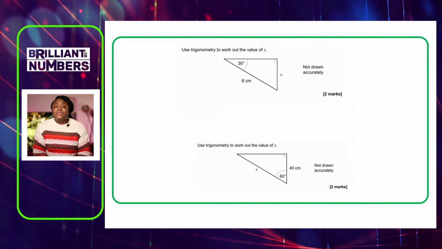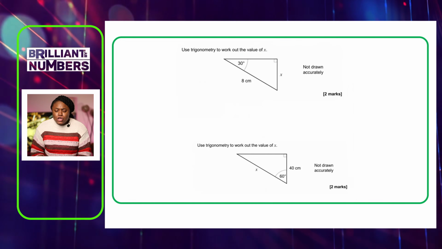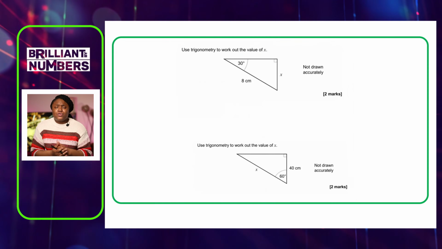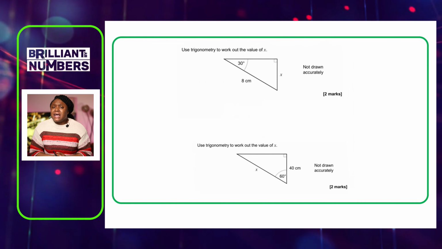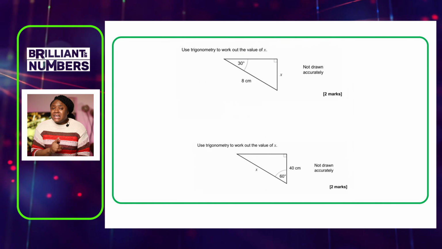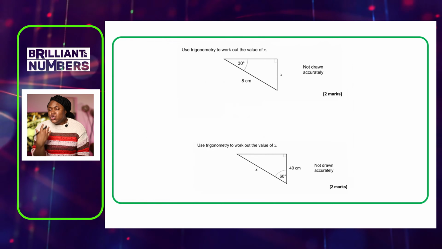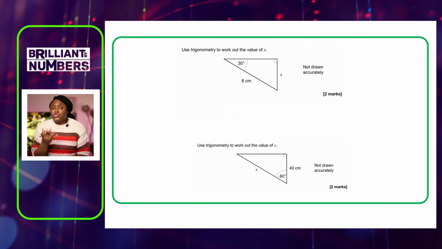And also, we're going to now look at when we are given a right angle triangle and asked to find an unknown side or angle using these exact trig values. So, the first question here says use trigonometry to work out the value of x. So the first thing we always do when we're going to find an unknown side of a triangle is to start labeling the sides so we know which ratio we should use.